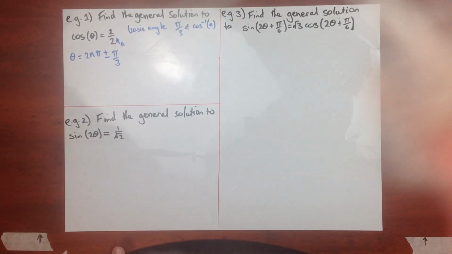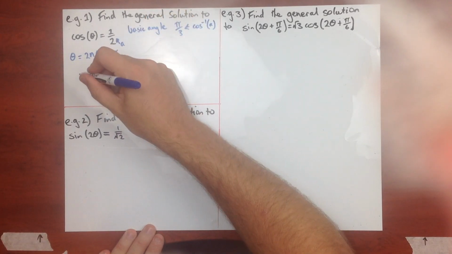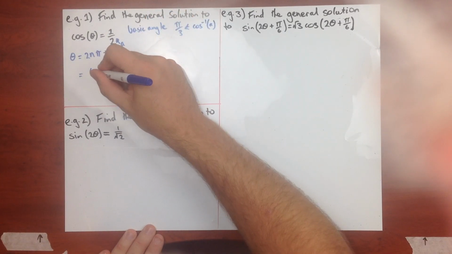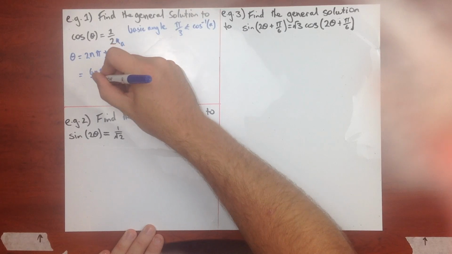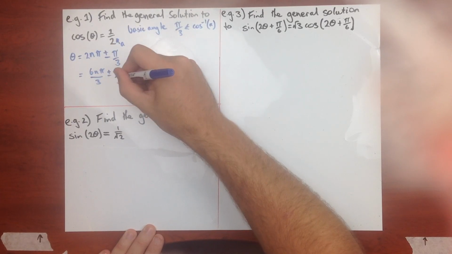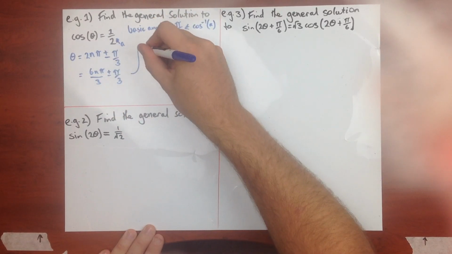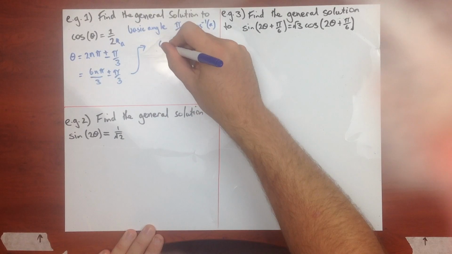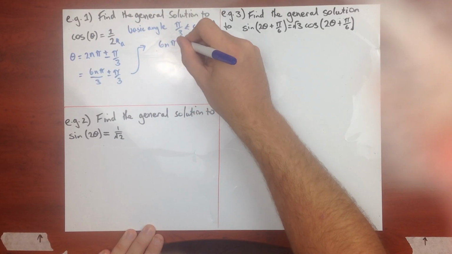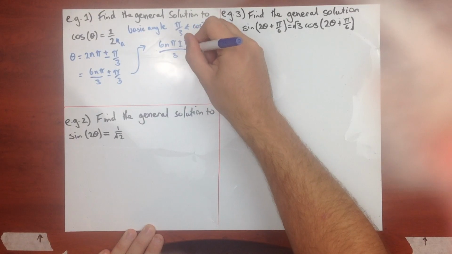Now most of the time they don't like you leaving it like this, so we've got to do a little bit of work. We can say that this would be 6n pi on 3 plus or minus pi on 3. Then we can say, come up over here, we've got (6n pi plus or minus pi) all on 3.